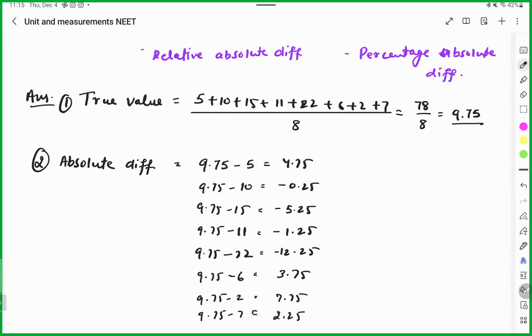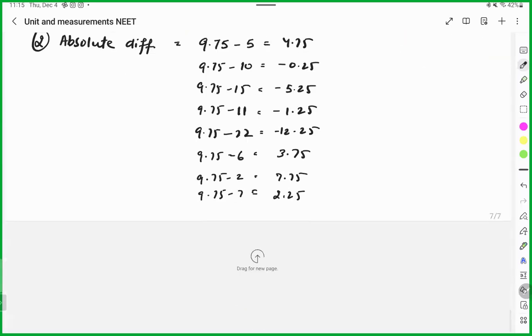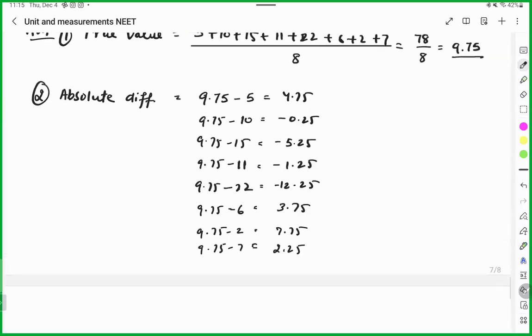Is this correct? Yes, this is the absolute difference in every case.